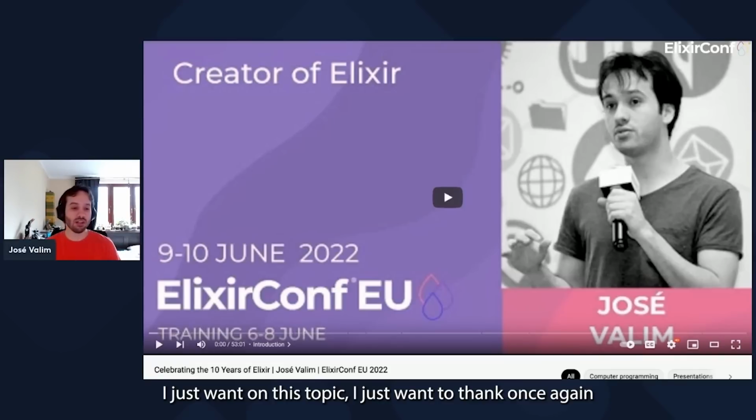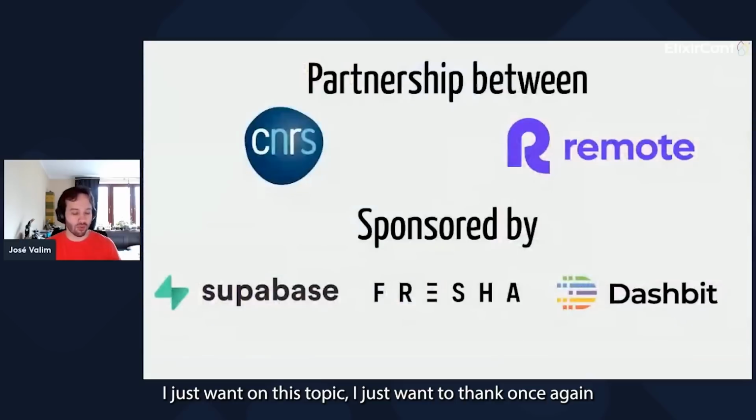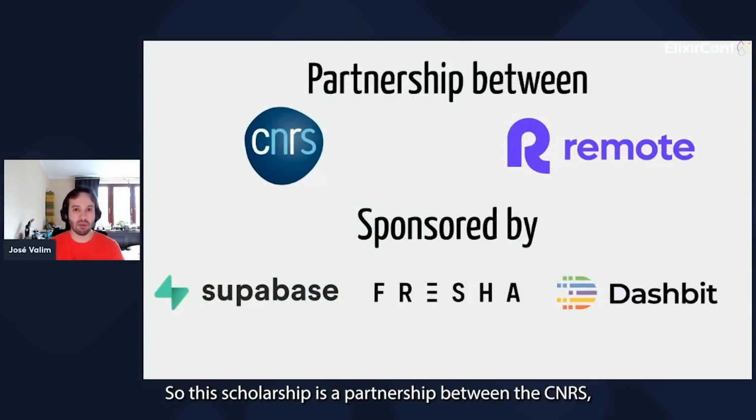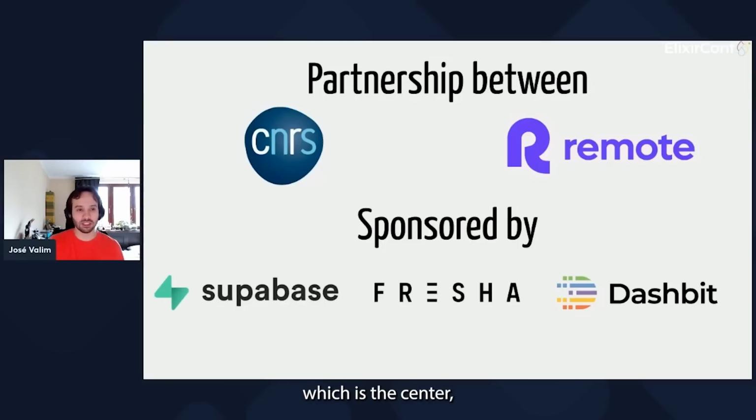For now, on this topic, I just want to thank once again the companies that are making this happen. This scholarship is a partnership between the CNRS, which is the National Center of Scientific Research in France, and Remote. And it is being sponsored by Supabase, Fresha, and Dashbit.